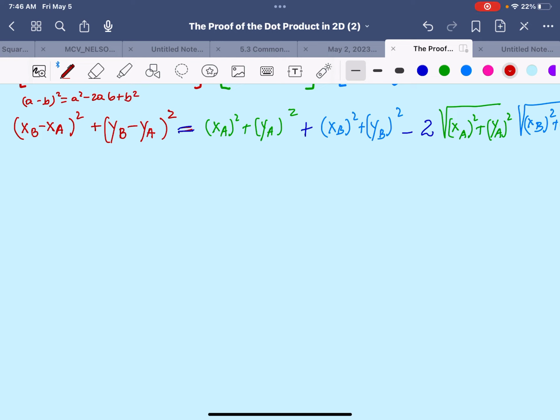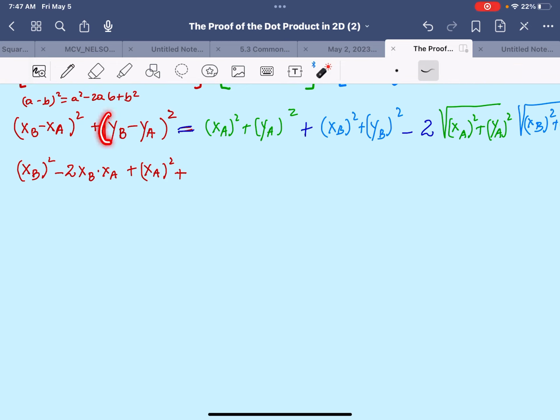So which means that we have xb to the power of 2 minus 2 times the product xb xa plus xa to the power of 2, plus here.